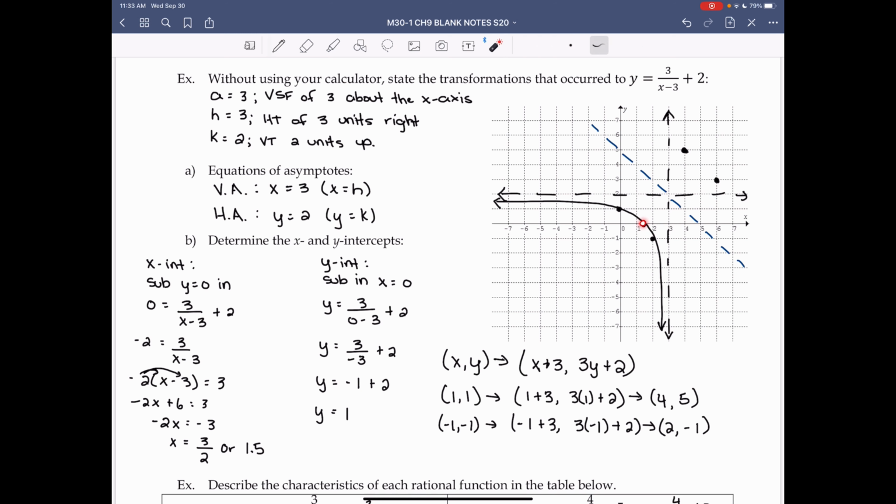Then for this dot, it's a little bit harder, but I can think about the symmetry in a different way. If we look at this point here, from the center of the two asymptotes, we would have to go 3 left and one down. So -3 in the x direction and then -1 in the y direction. When we look at the point that it's symmetrical with, we go up 3 and right 1. So +3 in the y direction and then +1 in the x direction.